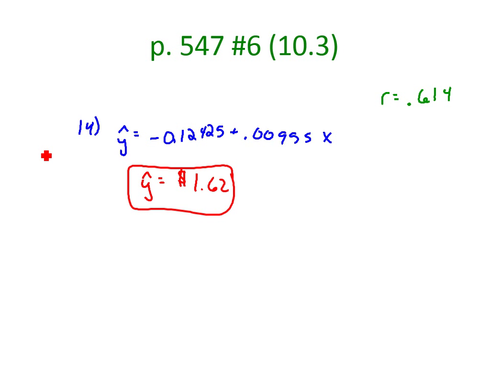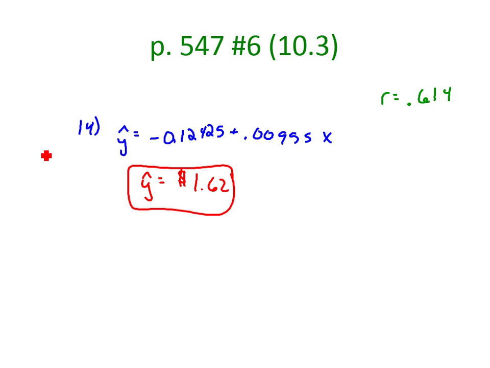I need to find the mean of which one, the x's or the y's? I want to find the mean of the y's. How can my calculator find the mean of the y's instead of me having to redo it all? Go to Stat, Calculate. Do the very first one, the one variable statistics.